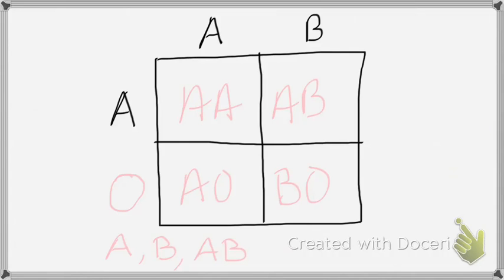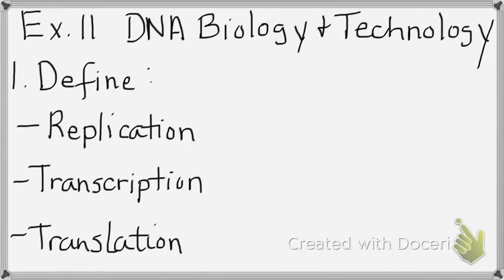Anybody have a question about exercise 10, 1 through 11? Anybody? Okay, exercise 11 is DNA biology and technology, and everyone, that starts on page 135.